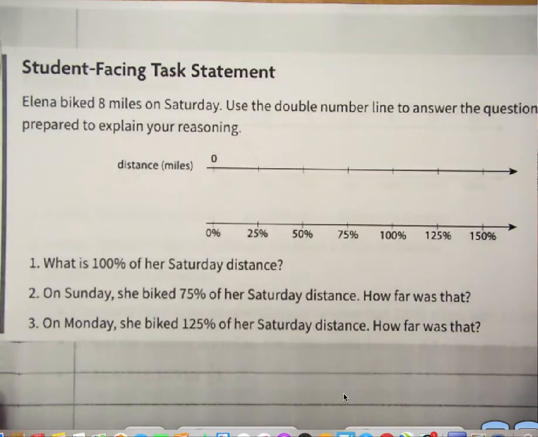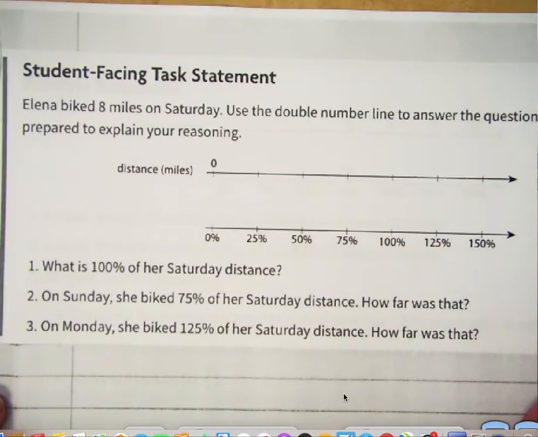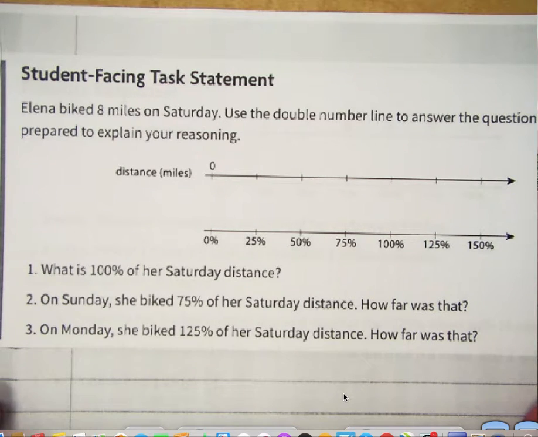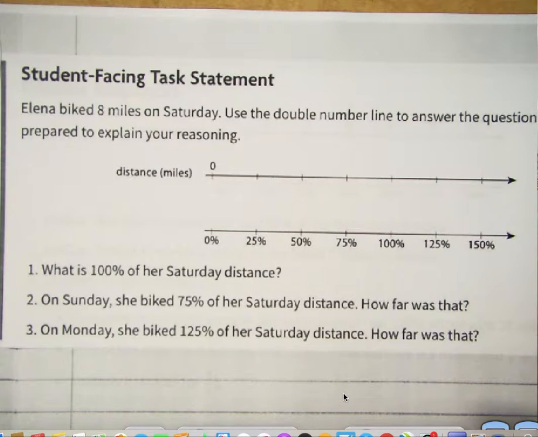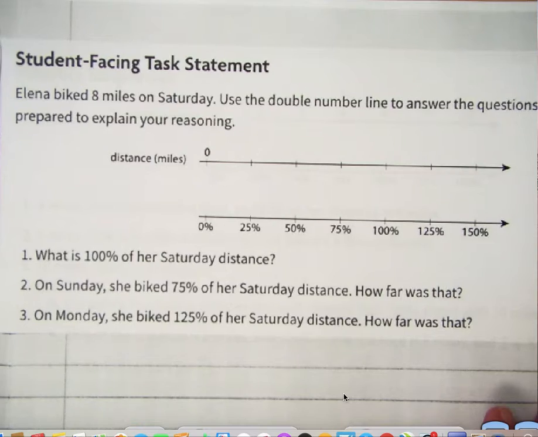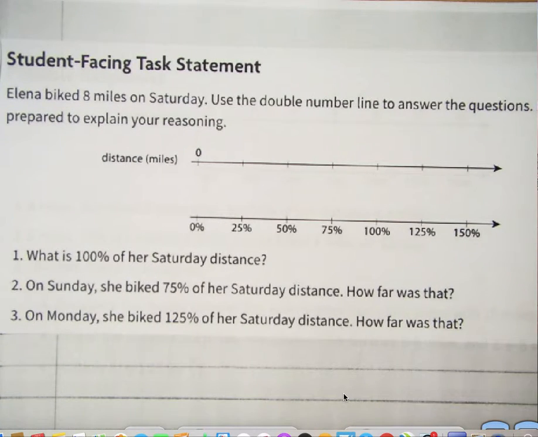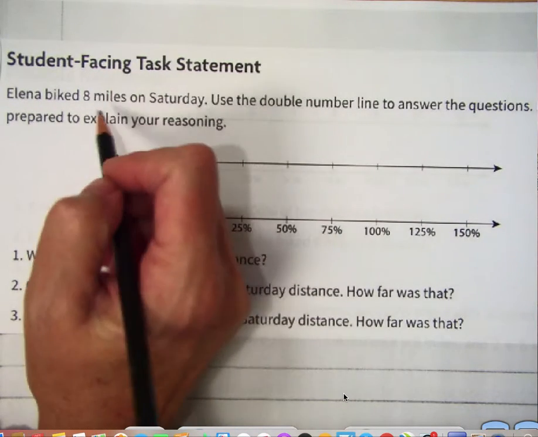Okay? All right, so Elena biked 8 miles on Saturday. Use the double number line to answer the questions. Be prepared to explain your reasoning. Okay? And I'm going to get a pencil for this just so I can erase in case I make a mistake. Not planning on it, but you never know. Okay? So Elena biked 8 miles.